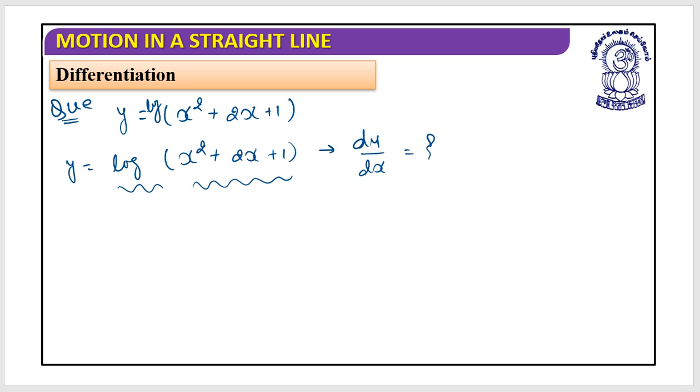So I am telling you the same thing. Listen to this very carefully. Let's assume this as an x. So if it has been assumed, then the answer would be 1 by x.